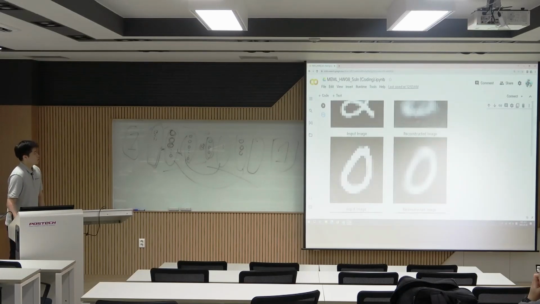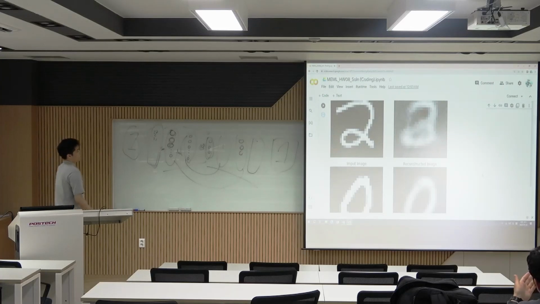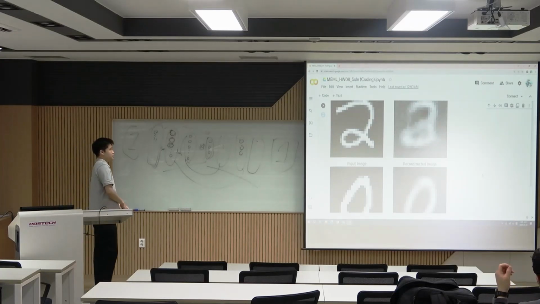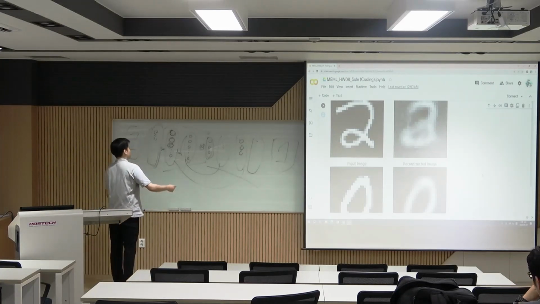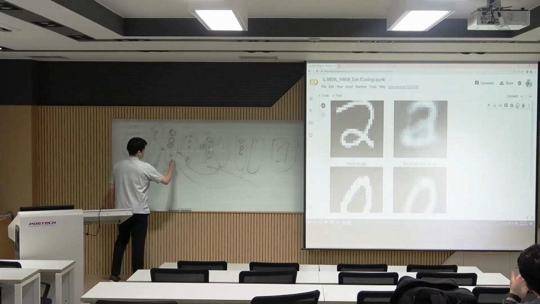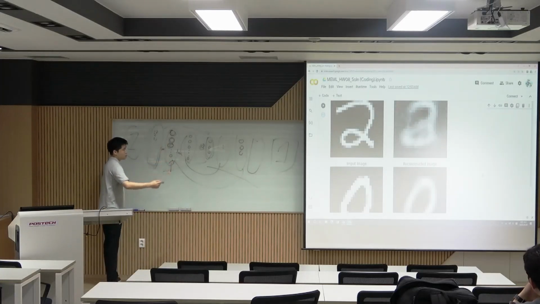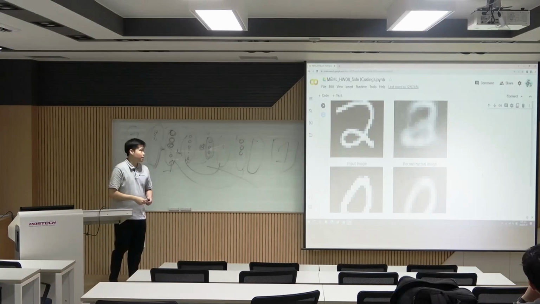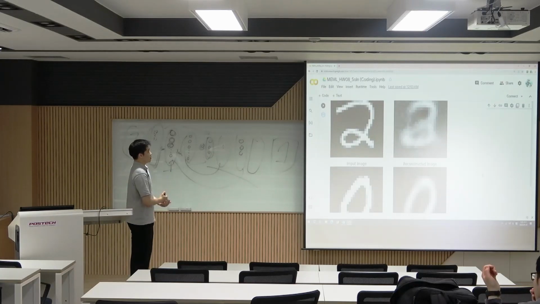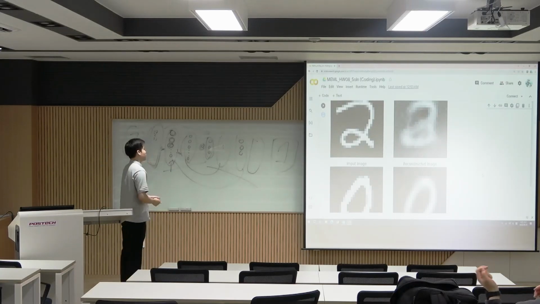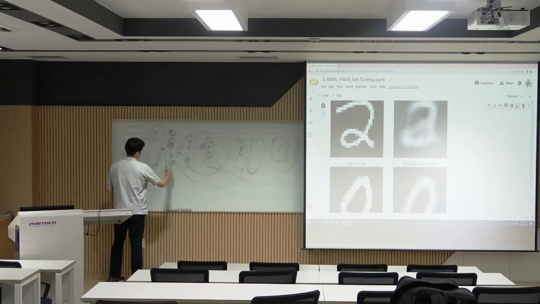Okay, so if you think this autoencoder's performance is very bad, then you may want to increase the number of layers, or maybe you can use a convolutional neural network instead of just an ANN. Convolutional neural networks are not covered in our class.